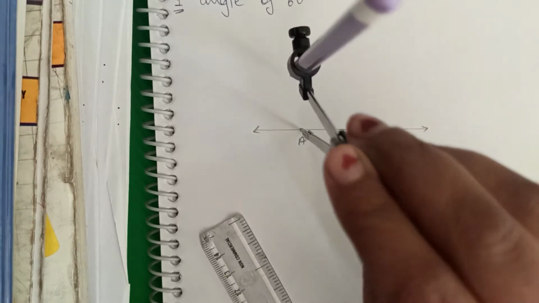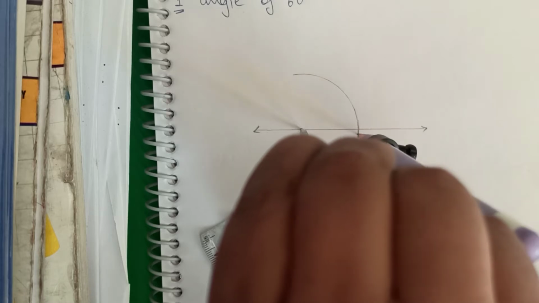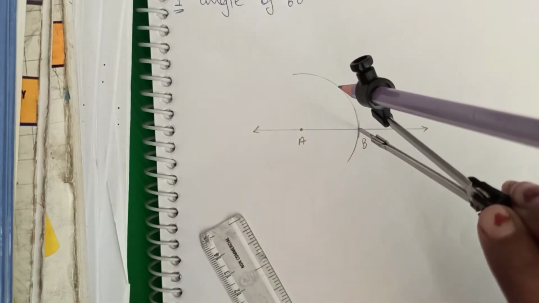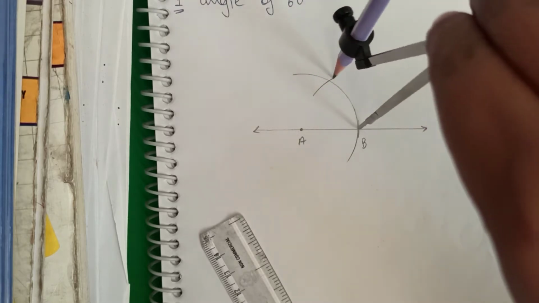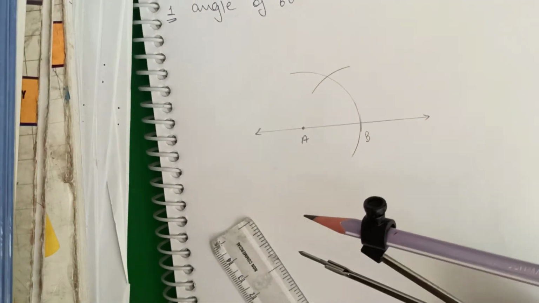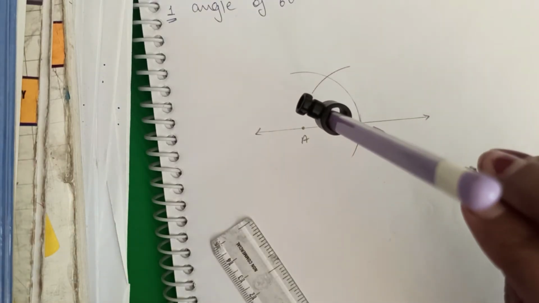Means, firstly we will draw it like this, right? Then with center B, cut it like this one. Clear?